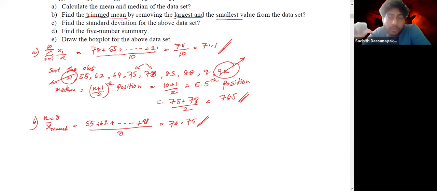If you have 10 observations and it is 10%, 10 times 10 over 100. That way you can calculate how many values you have to remove from the beginning as well as from the end. So don't forget, you have to remove those values from the beginning and end.